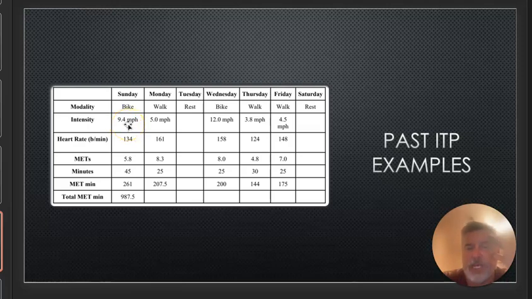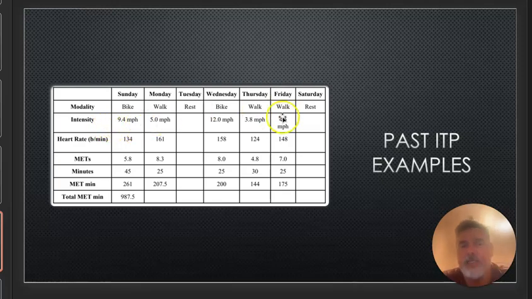So if I can look, I can see that at 9.4 miles an hour on the bike, that has a MET value of 5.8. I can use the physical activity compendium to figure that out. If they're walking at 5 miles an hour on a relatively flat space, I can look and find that MET value. Okay, so this is what they're going to do.